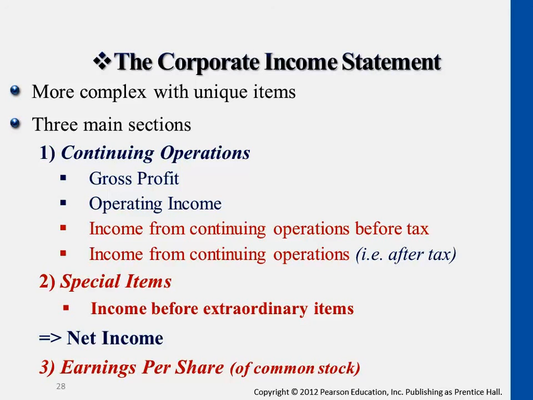Okay, we want to mention that this is income from continuing operations because sometimes we may have special items. The extraordinary items, for example, if they determine that they want to terminate or sell some part of the business to others, that part of the revenue was separated from continuing operations.